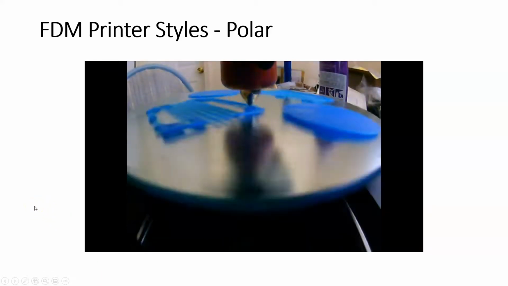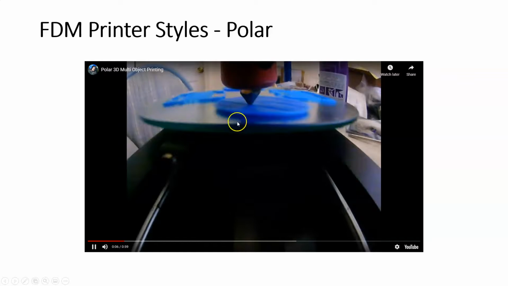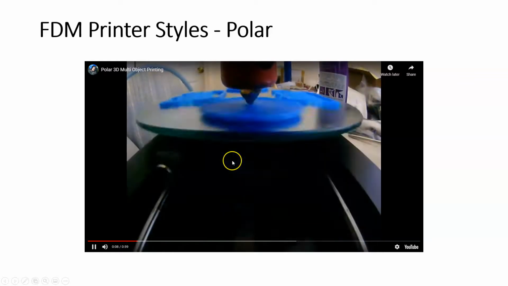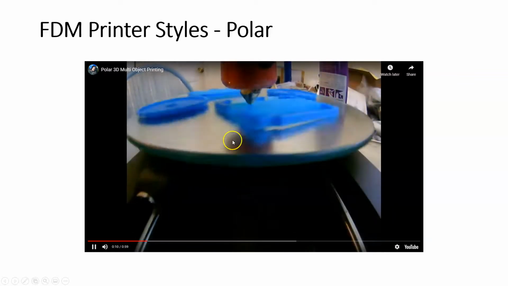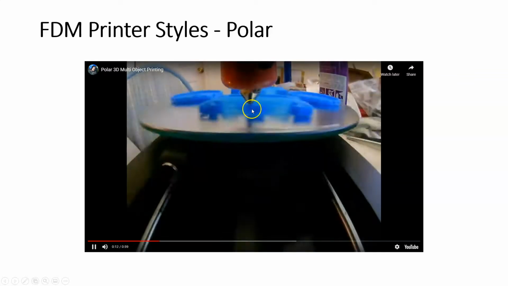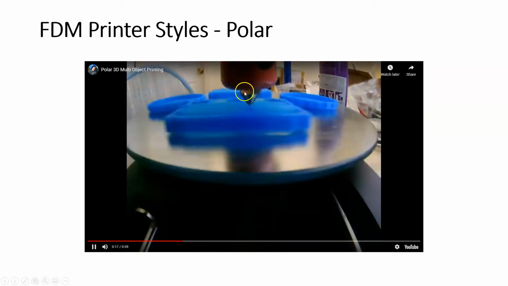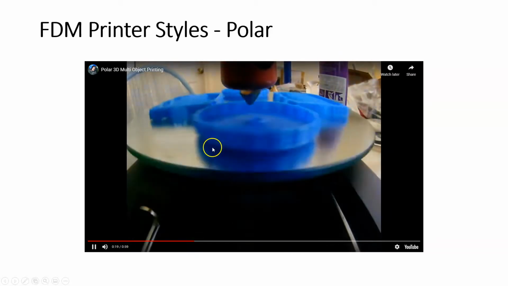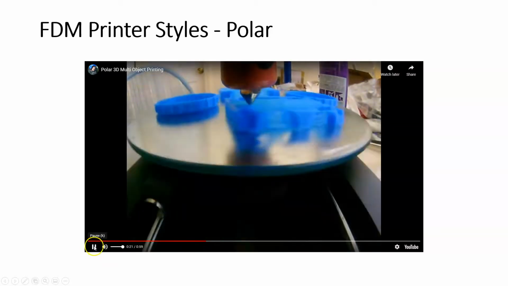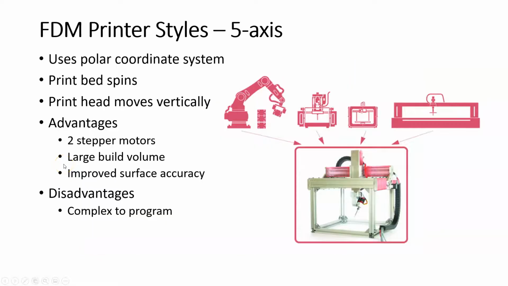And there you go. You can see the table moving in and out towards and away from the camera. The table is spinning. And it's a little bit difficult to tell, but you can tell that the print head is moving vertically upward. All right. Then we have these, which are actually common for the large area additive manufacturing, such as the BAM.